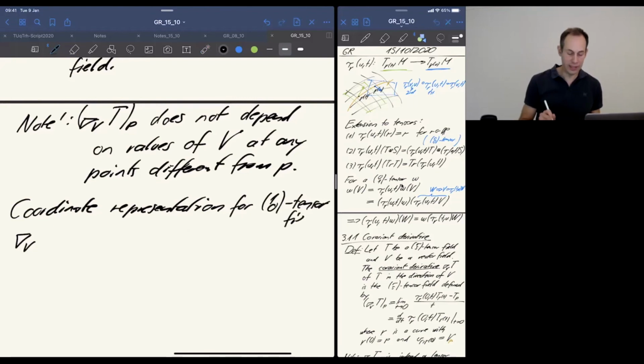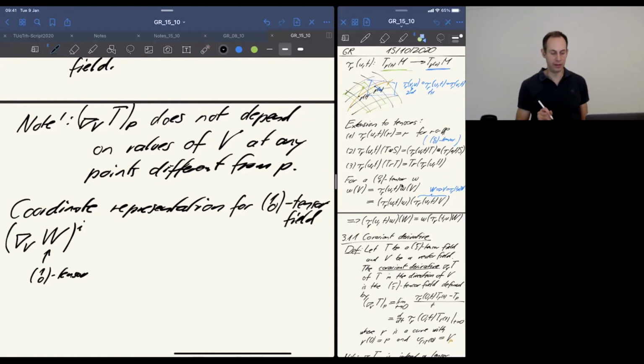Instead of T, I write again W, so this is now a (1,0) tensor. And now I'm interested in the i-th coordinate of this new vector at the point p. Let's evaluate it at the point p and ask ourselves: if I take an arbitrary vector field W and take the covariant derivative along the direction V, what's the i-th component of the resulting vector at point p?